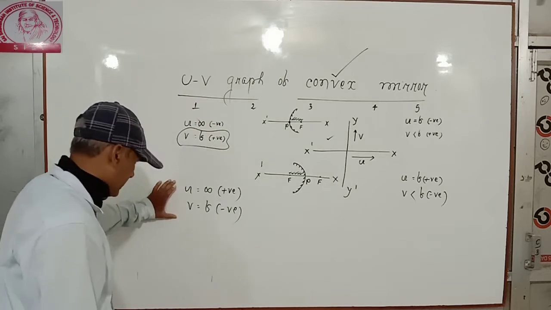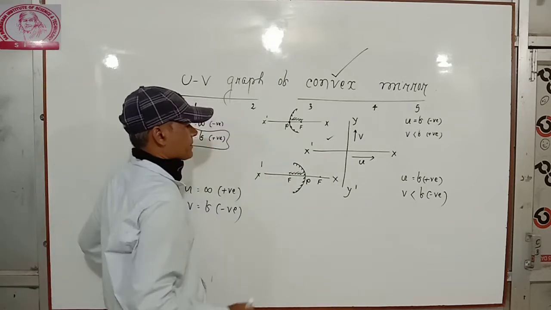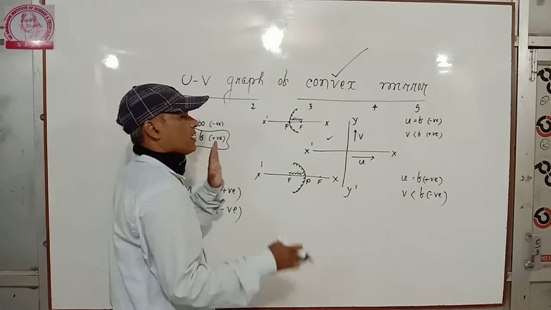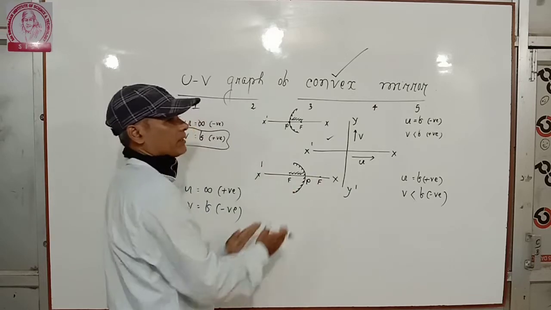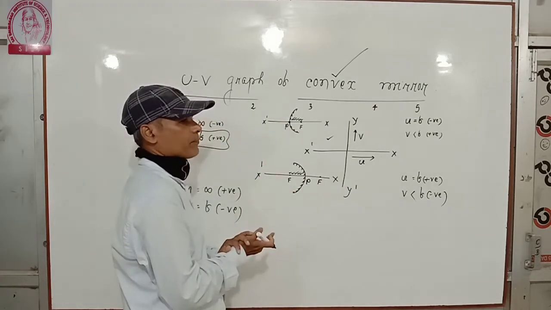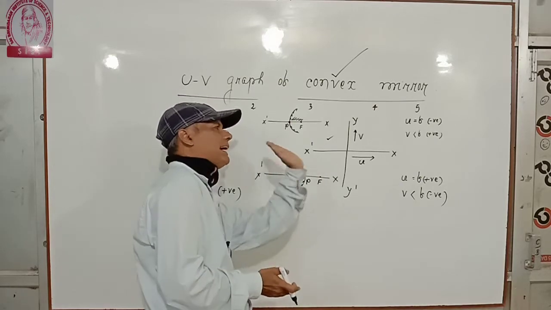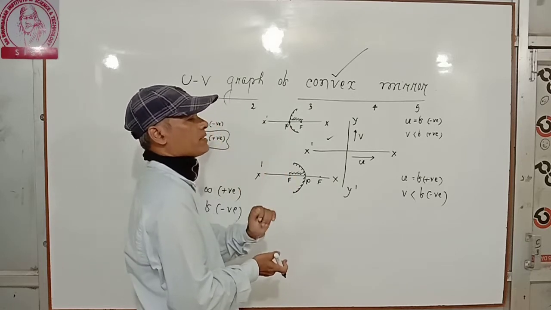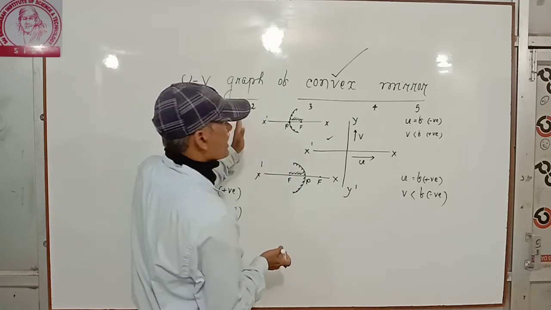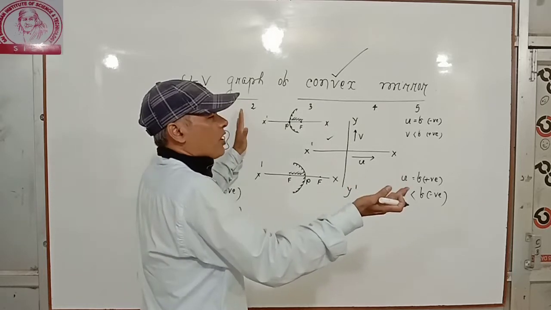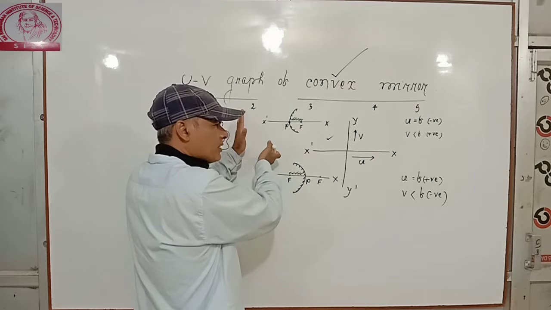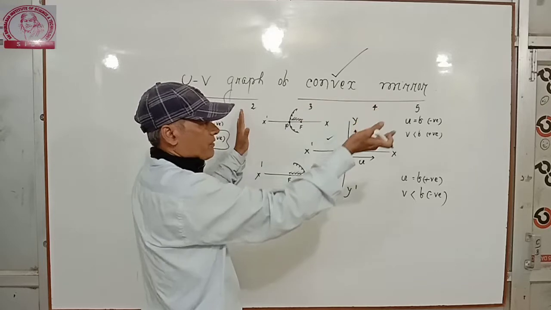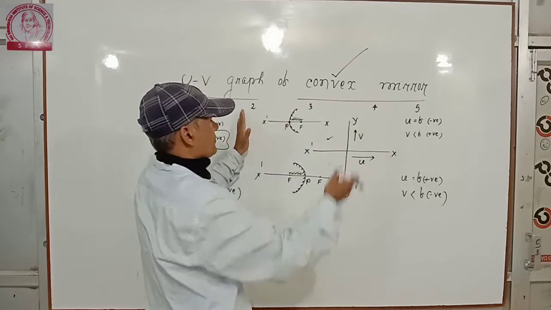Similarly, in the next case, generally we draw the ray diagram keeping the reflecting surface heading towards the negative x-axis. Means we always place the object on the left side and the image is formed maybe on this side or that side depending upon the reflective condition of the reflecting surface, whether it is convex or concave.